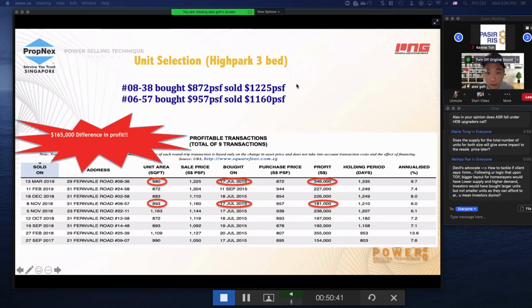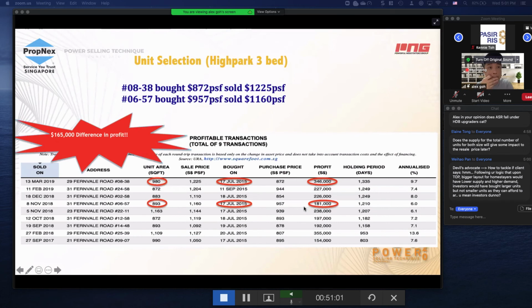Devil's advocate, how to tackle if clients say, following your logic, that upon TOP, bigger layouts for own stay would have lower supply and higher demand. Investors have bought larger units but not smaller ones. Wait, how do you want to come online? I read until I'm a bit confused.